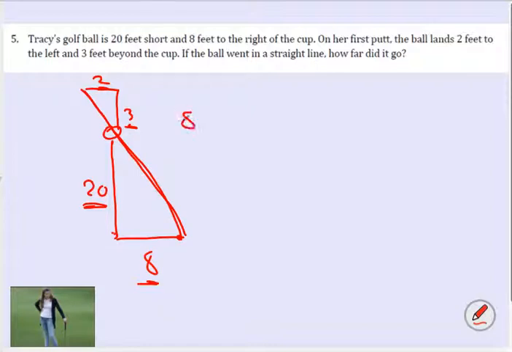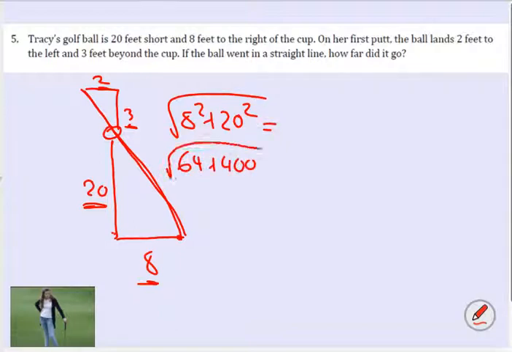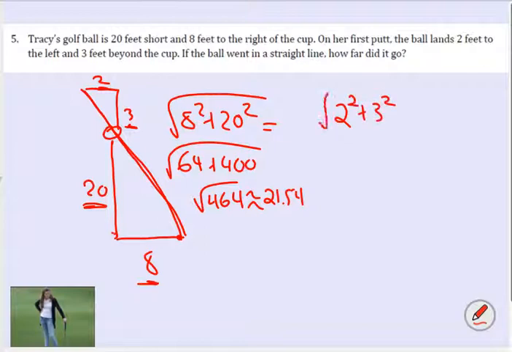All right, so 8 squared plus 20 squared. Square root that. Let's see, 64 plus 400. Square root of 464 is approximately 21.54. Now, I got to do the second one. 2 squared plus 3 squared.